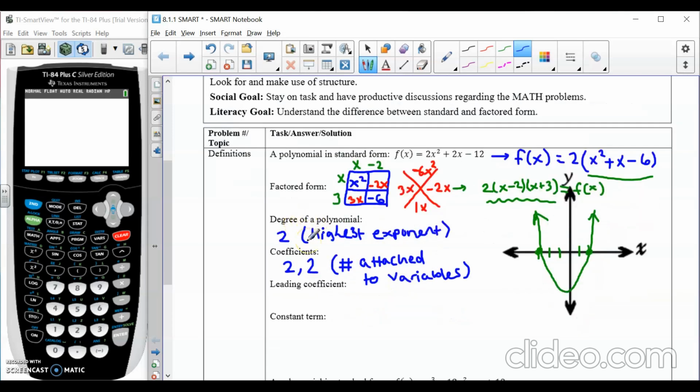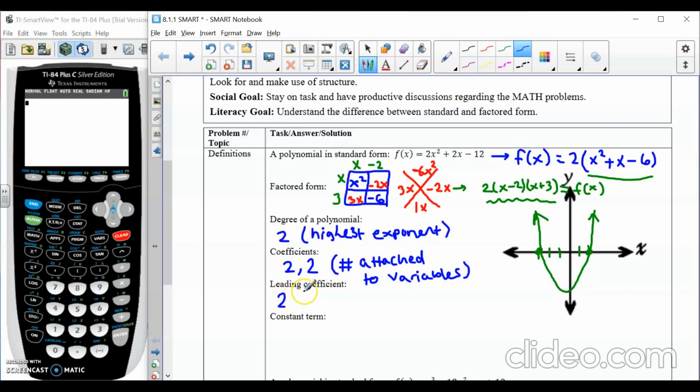Basically, it's the coefficient on the term with the highest exponent. For us, that is still going to be 2. Just know that it's this 2 and not the second one. So our leading coefficient, again, is going to be 2.